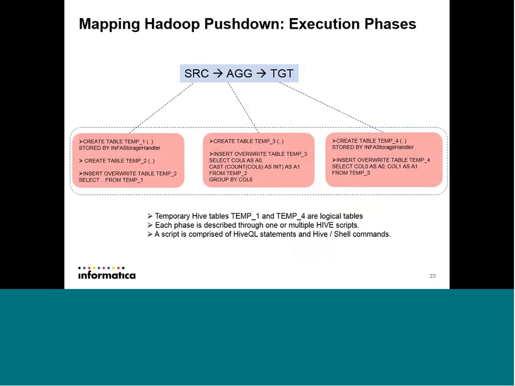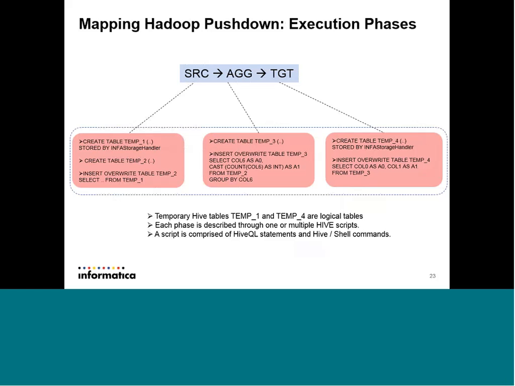Taking an example, this is for pushdown again, on the developer side, the developer tool. If you have a source, aggregator, and a target in your mapping, there are 3 execution phases. The data flow of the mapping will be broken down into 3 different phases. The first phase is the extraction phase, where the source data is staged into temporary Hive tables.